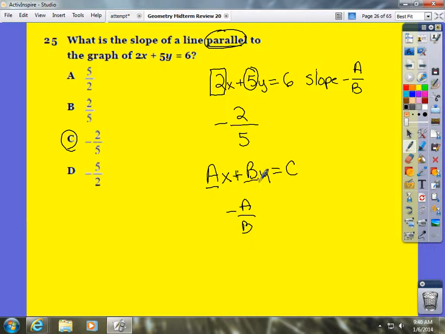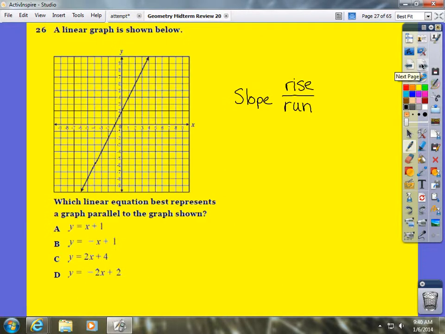Graph parallel to the graph shown. Okay, so we want a parallel line, which means we've got to have the same slope. So just looking at them, we could plot them, whatever, but if we find the slope, then it's going to make our lives a whole lot easier. I'm just going to pick 2 points, any 2 points. How about this one here, and how about this one here? Okay, and I'm going to do my rise.